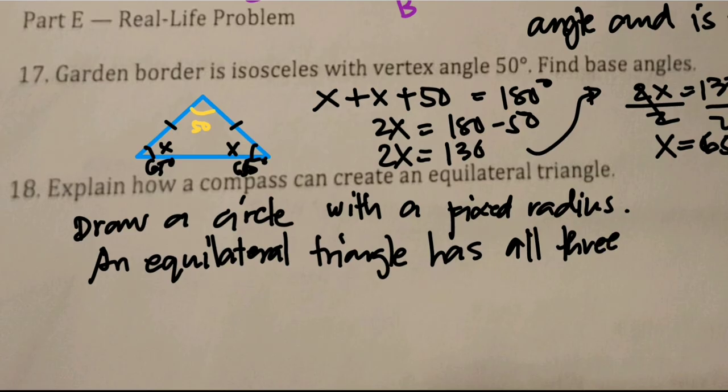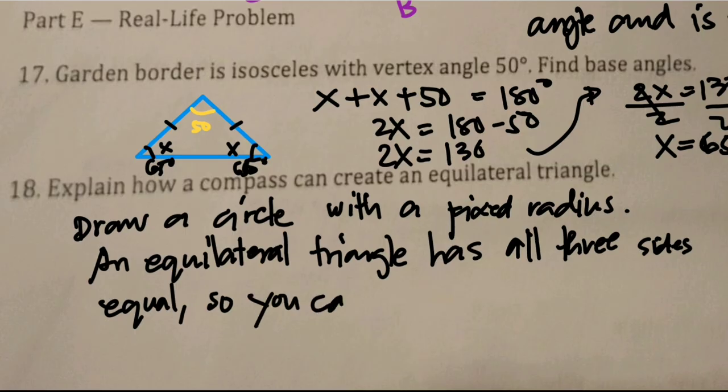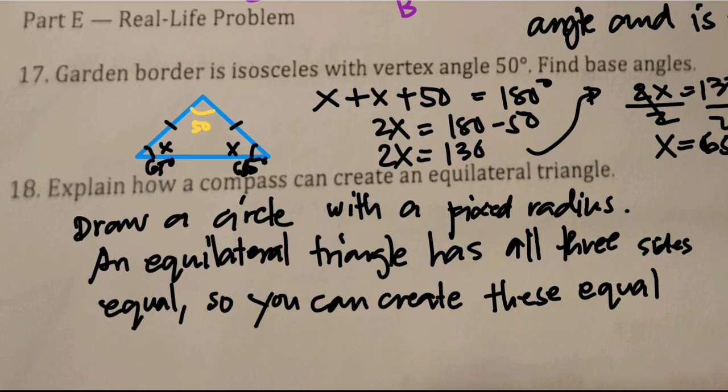An equilateral triangle has all three sides equal. So you can create these equal lengths using a compass.